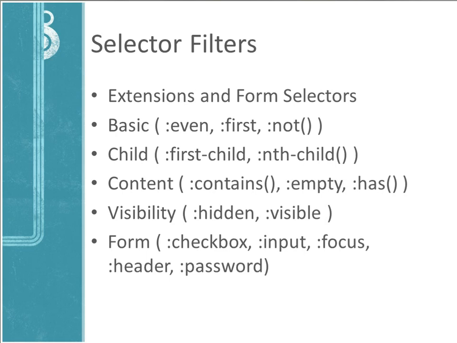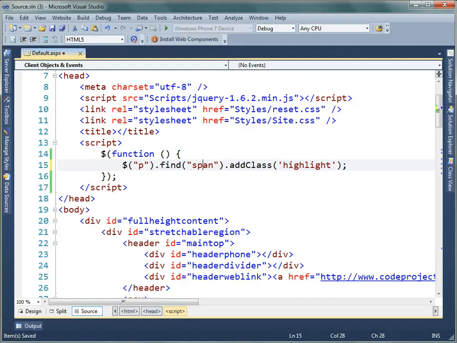We've got content selector filters, where we can do things like where something contains some pattern, where it's empty, and then has. We've seen the has selector method. We'll see that we also have the has selector filter here. Visibility, we can look at whether something is hidden or visible using the selector filters. So let's go ahead and jump back over to our code. We'll look at some examples of these.